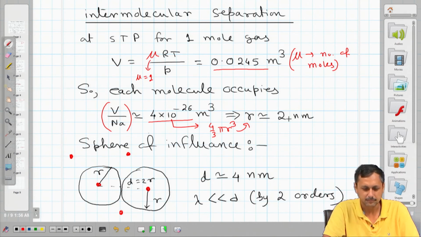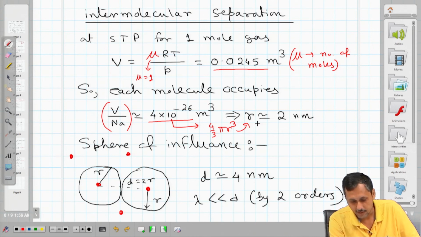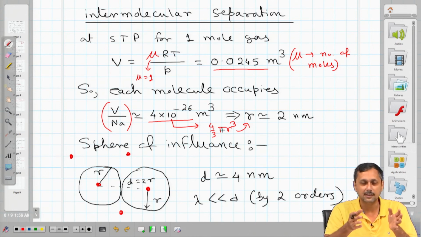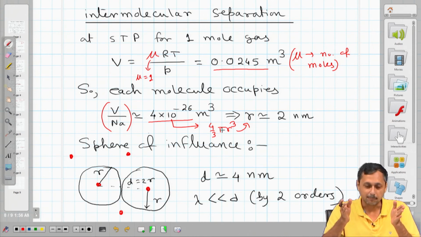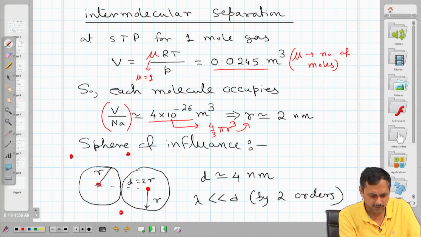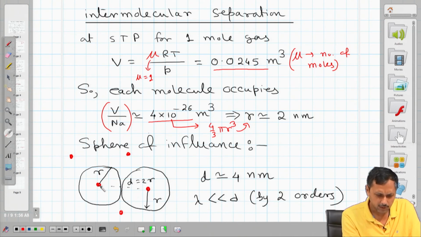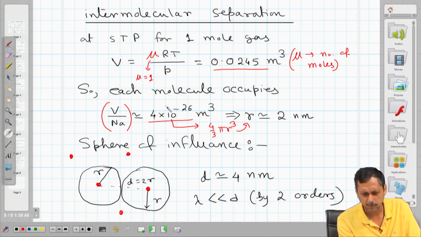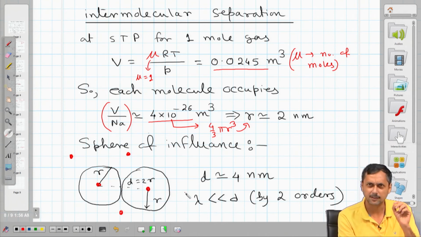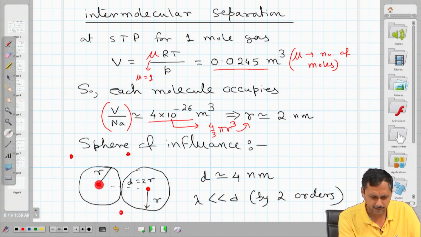Now, let us look into the sphere. So basically this is the measure of average intermolecular distance. So, let us assume these red dots are my molecules, right. So, each molecule will have a volume of 4 into 10 to the power minus 26 meter cubes for itself, which corresponds to a radius of 2 nanometer typically.